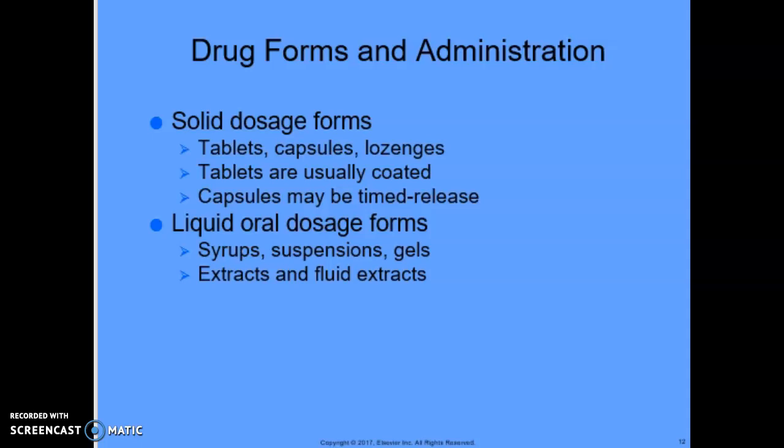Capsules are gelatin coated and dissolve in the stomach, or they may be enteric coated to protect them from the stomach acids. Lozenges are flattened discs that are dissolved in the mouth to coat the throat, such as a lozenge for a sore throat.